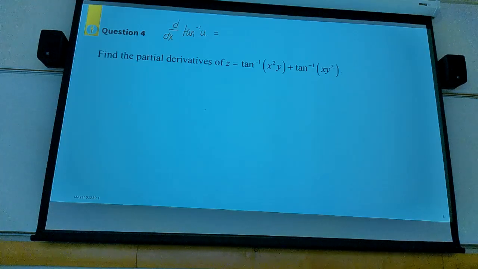d dx inverse tangent of u. From Calc 1, what is it? That would be if it's inverse tangent of x. This is inverse tangent of u. Times what?